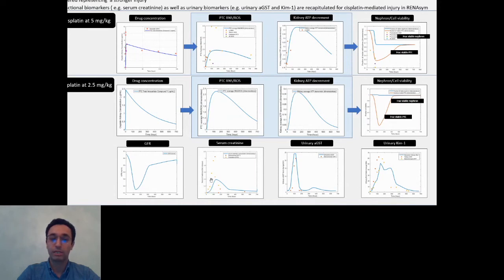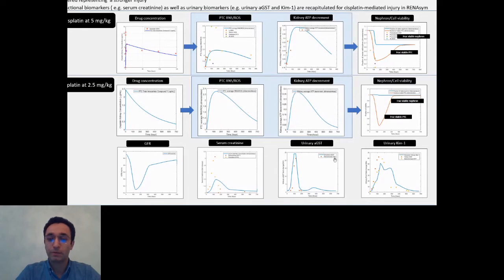You can also see that serum creatinine is peaking around day 5, which is in agreement with the observation, although the magnitude needs to be improved maybe. And we're going to address that in later versions of the software.